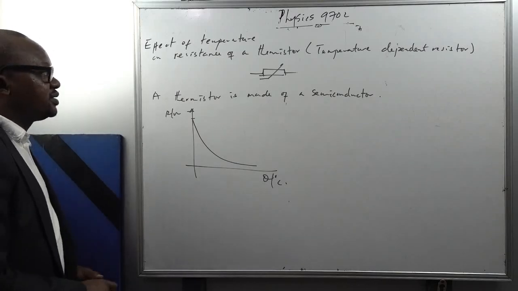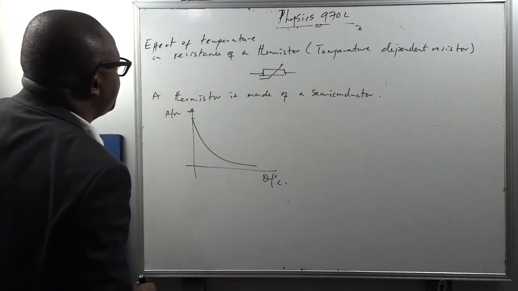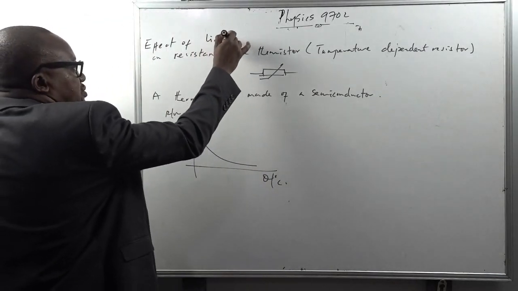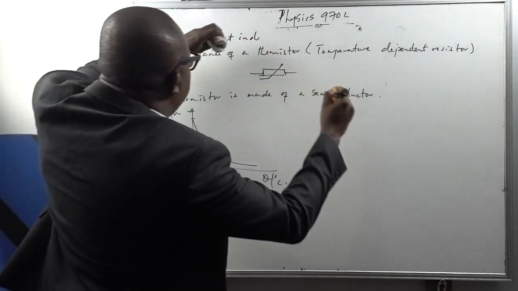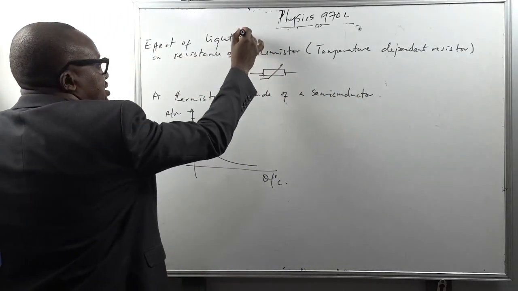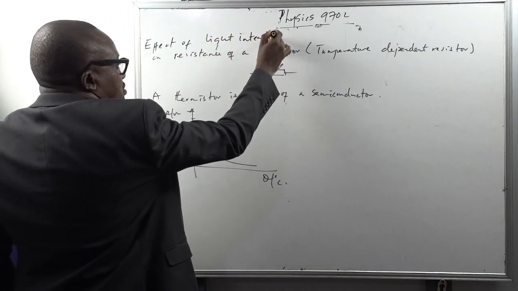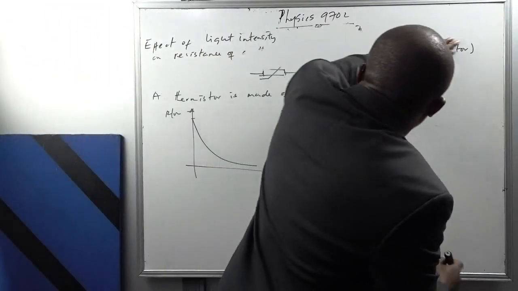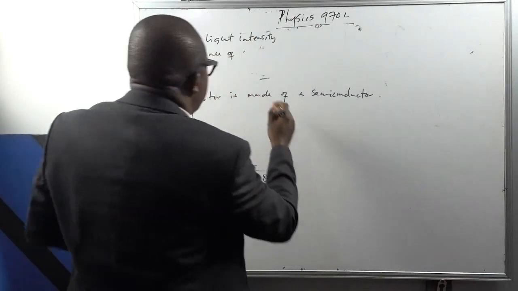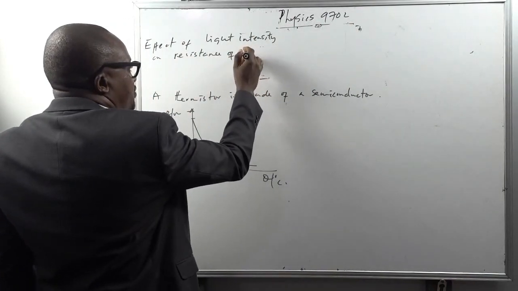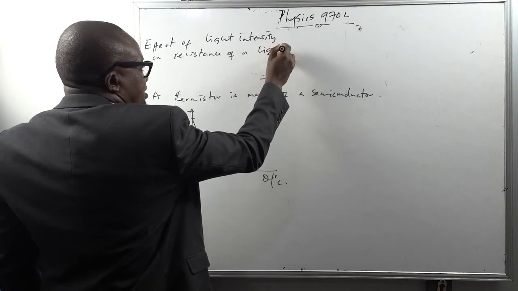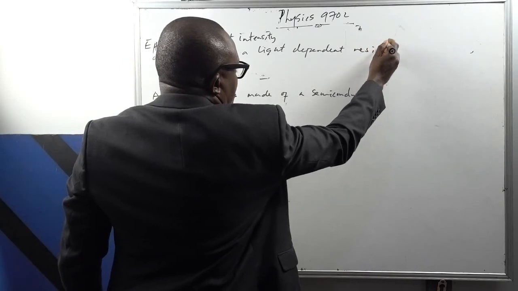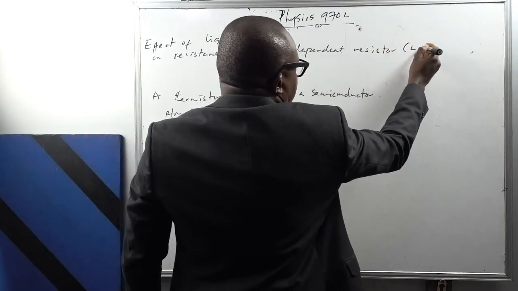Then the next one, effect of light intensity on the resistance of a light dependent resistor, which is basically referred to as what?